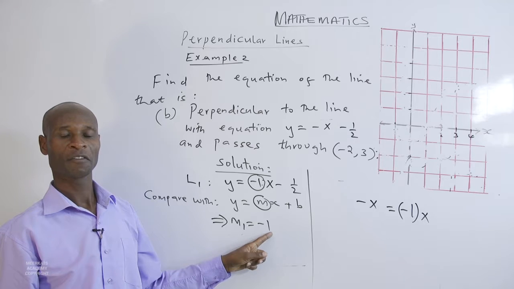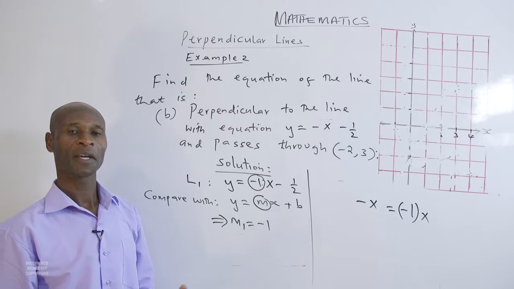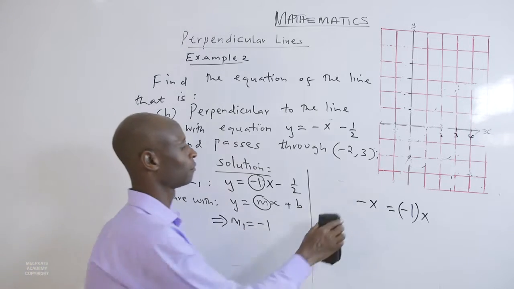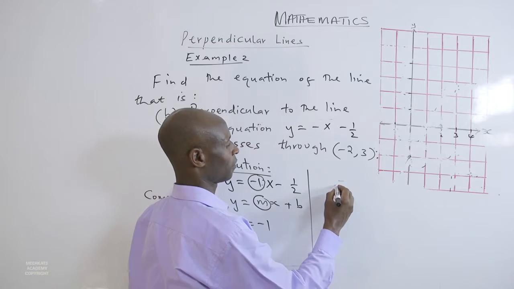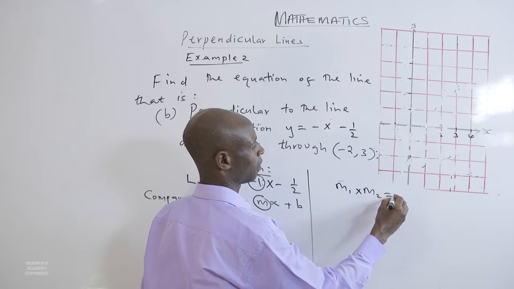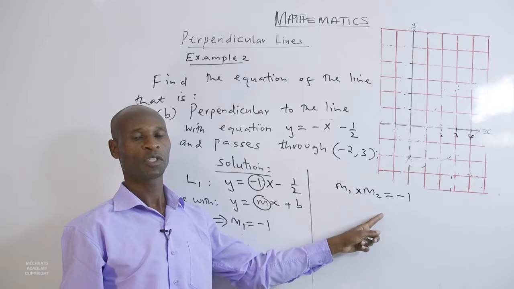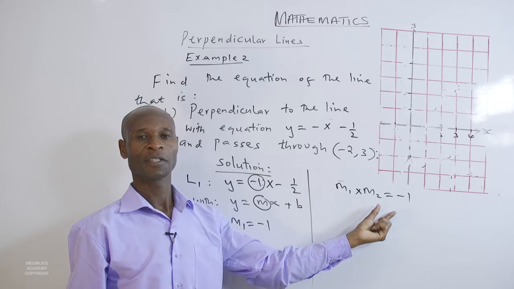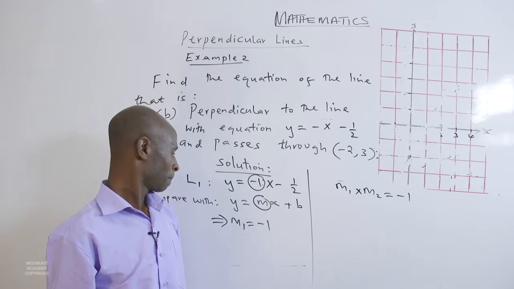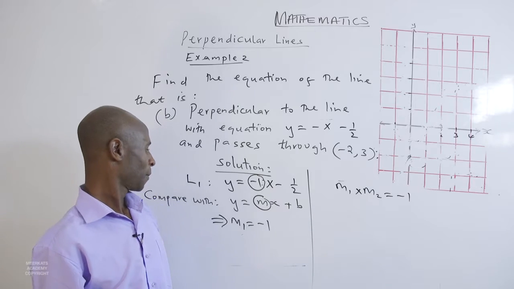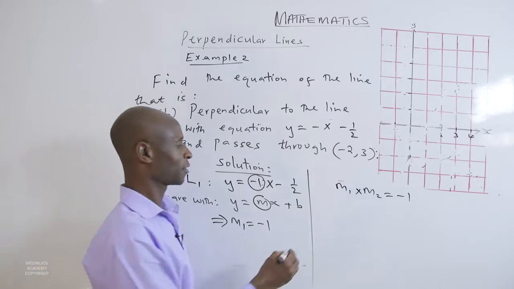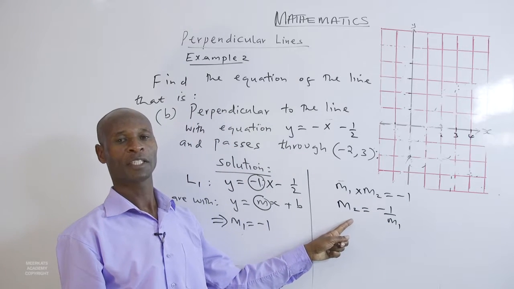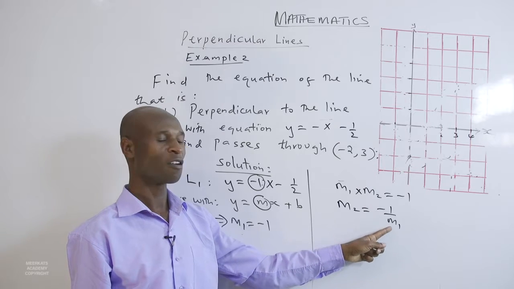Once we know the gradient of the first line, we can get the gradient of the second line, which is perpendicular to line 1, by applying the rule m1 times m2 is equal to -1. That is, the product of their gradients is -1 since the two are perpendicular. So from here, we can make m2 the subject, which is -1 over m1.